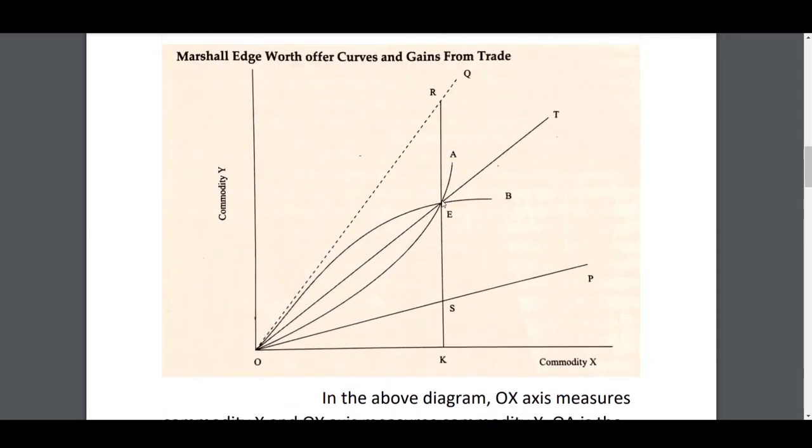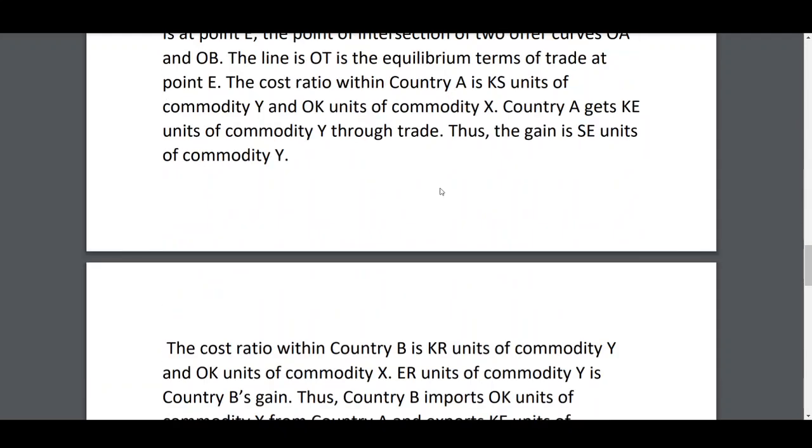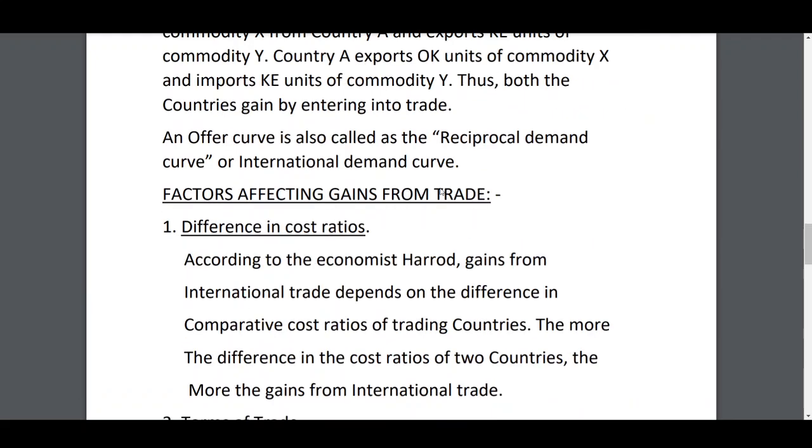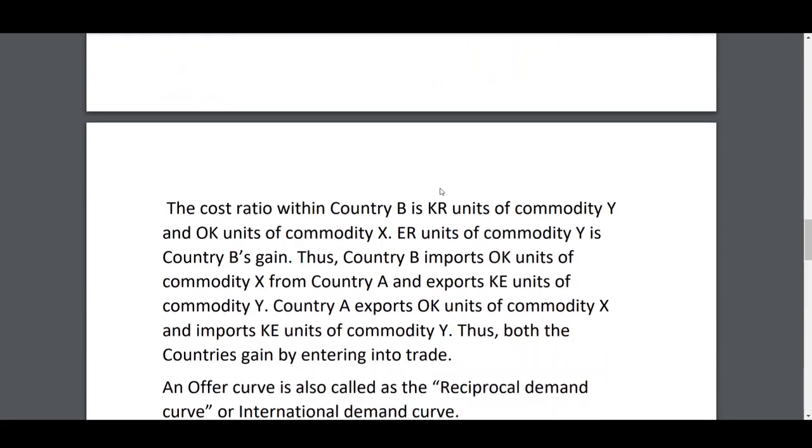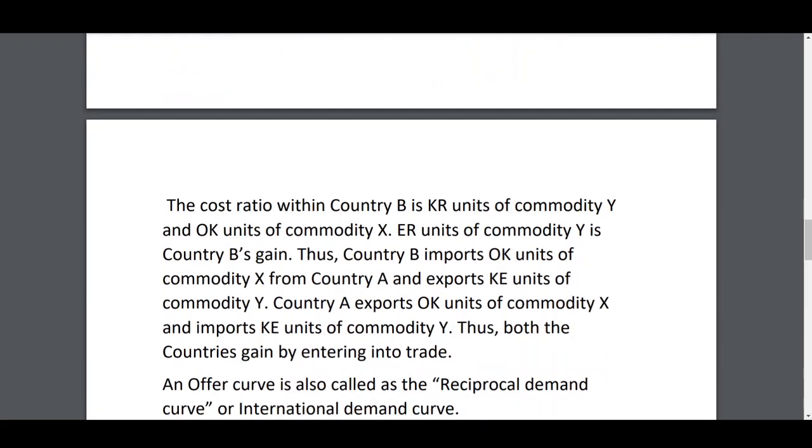ER is country B's gain and ES is country A's gain. Or we can say SC is country A's gain and RE is country B's gain.